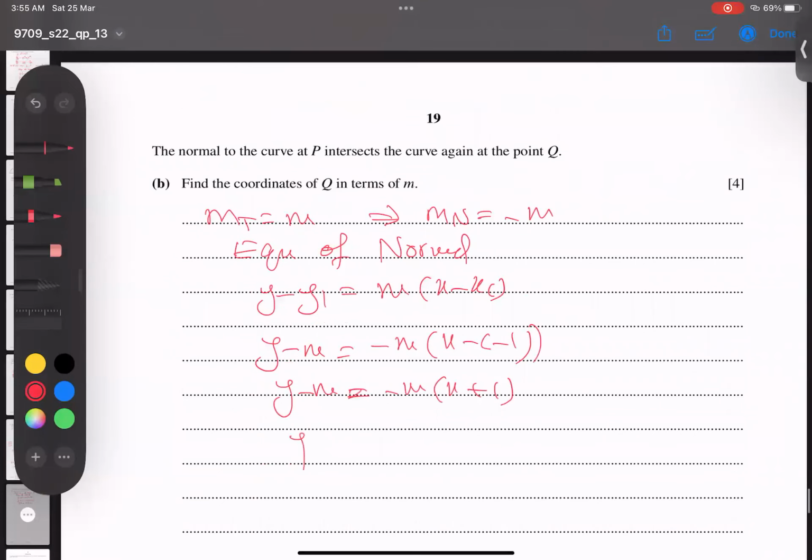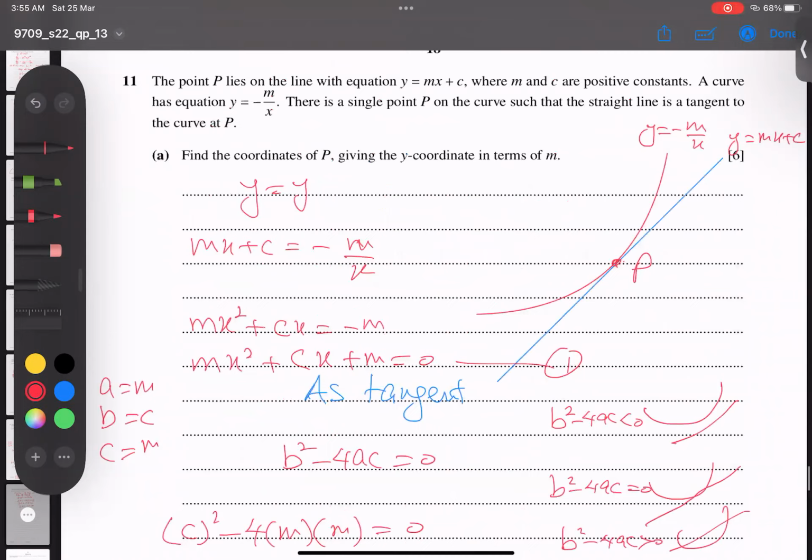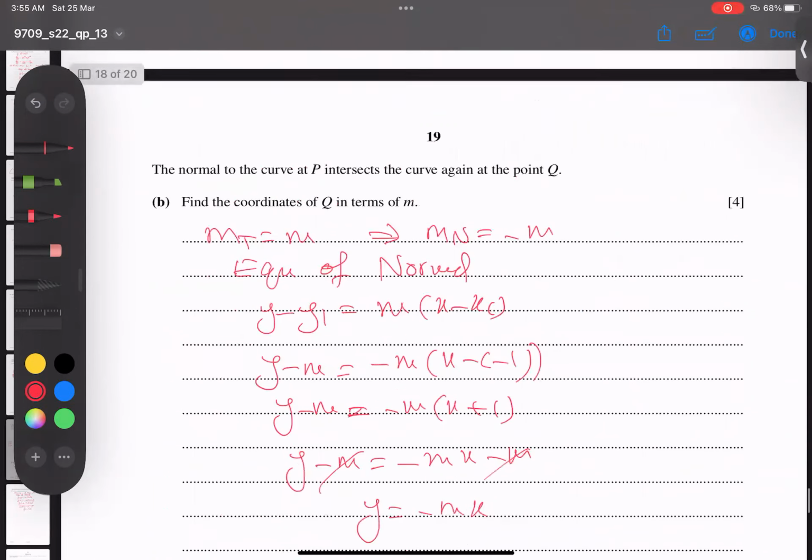And finally, minus mx and minus m. You can see from here that I got an equation of a normal. Yeah, this minus cancels out. y equals minus mx, as given here.